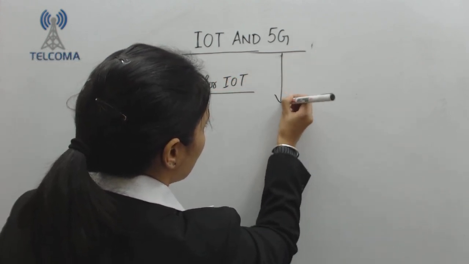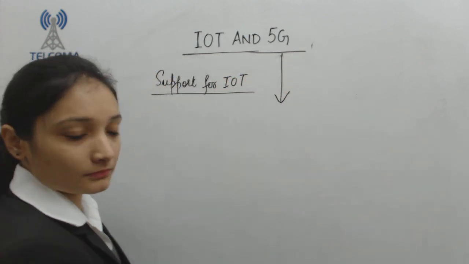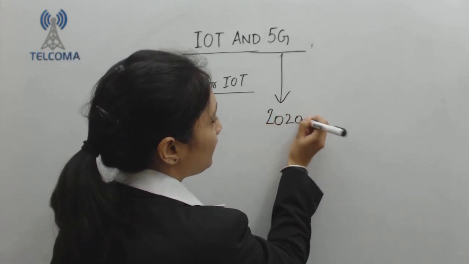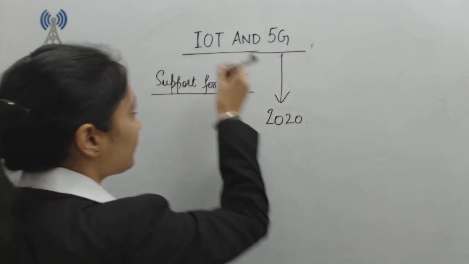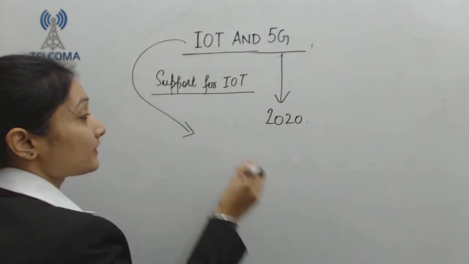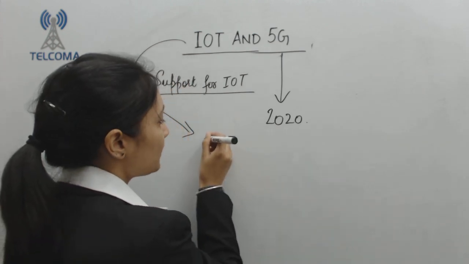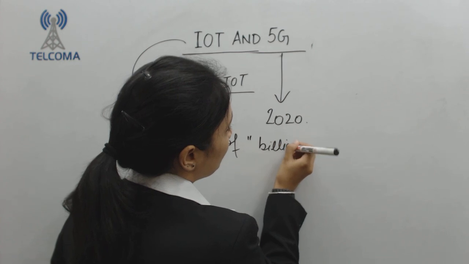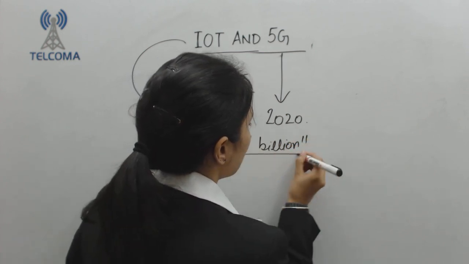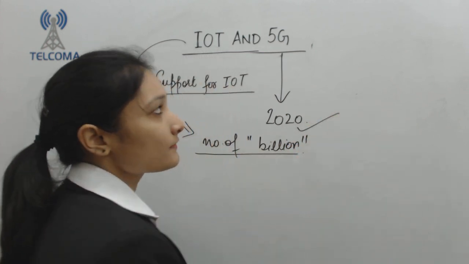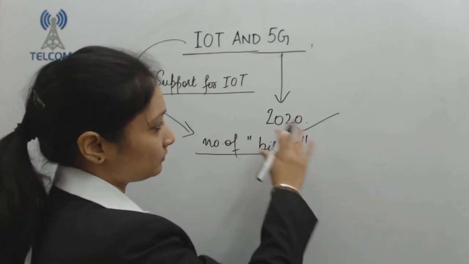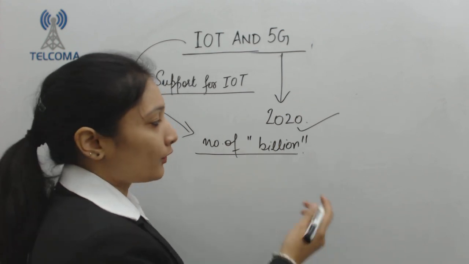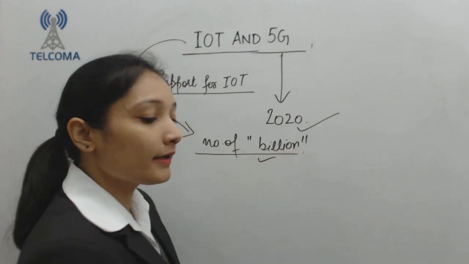Now we know that this fifth generation of technology, 5G, will be commercialized by 2020, and the number of smart devices is also going to be in the billions. So when this fifth generation is implemented by 2020, there will be a huge coverage demand for your smart devices.